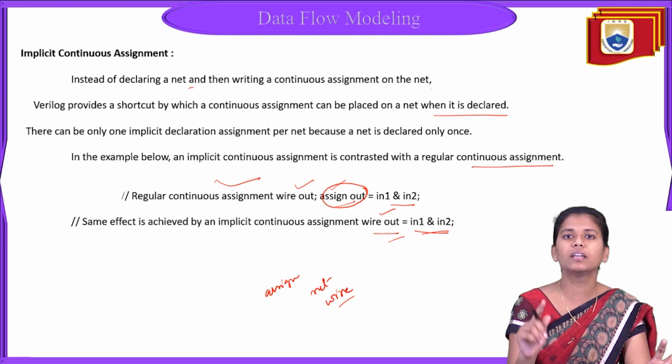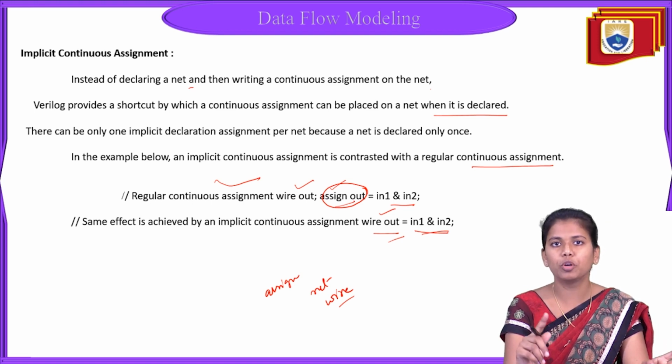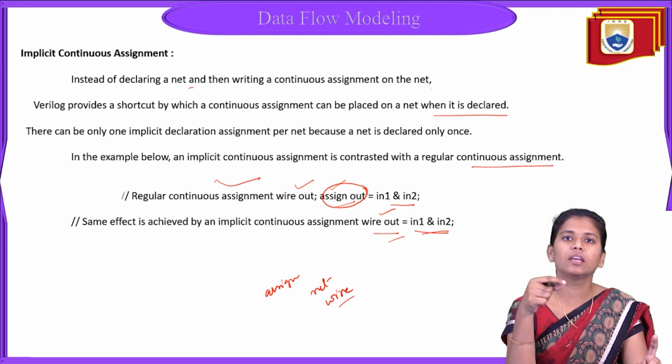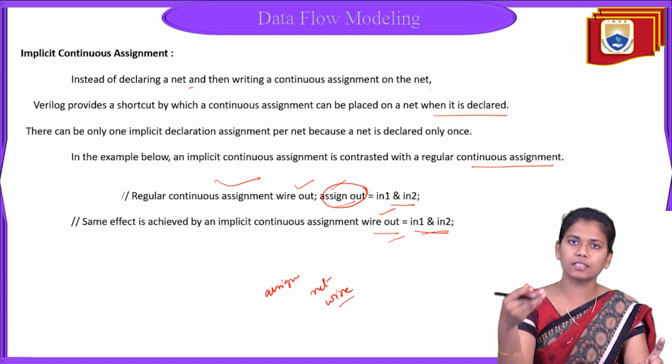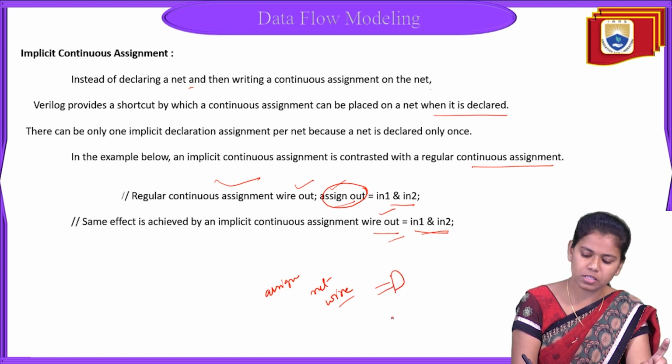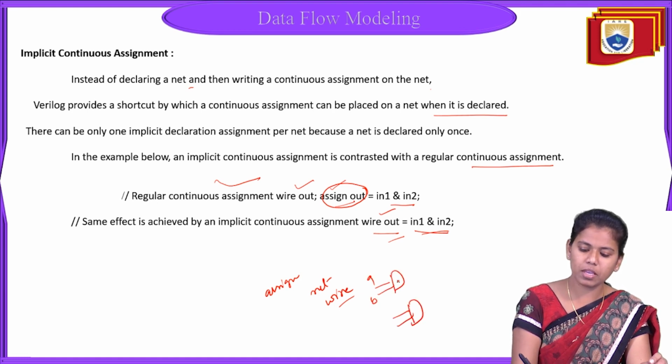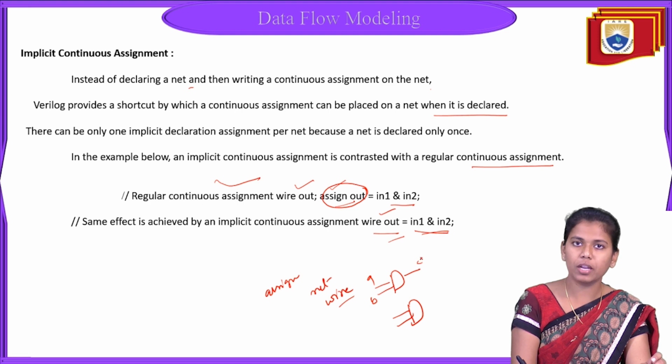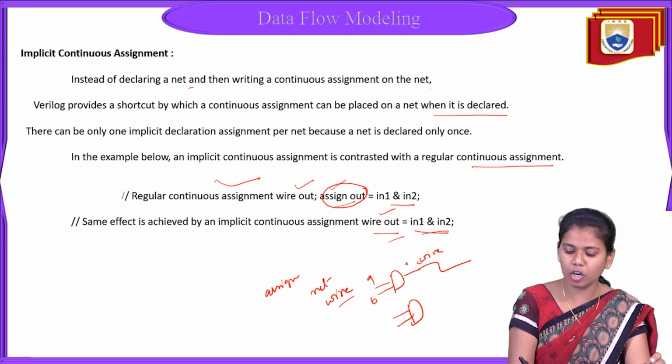Wire out is a one bit output representation, where that output acts as an input to the next gate. In the previous example we discussed, A and B are the inputs, C is the output, and that output we are wiring with this wire. The output again acts as an input to the next individual gate.